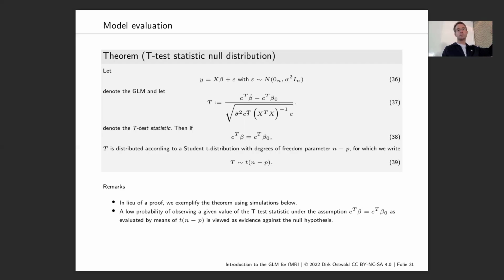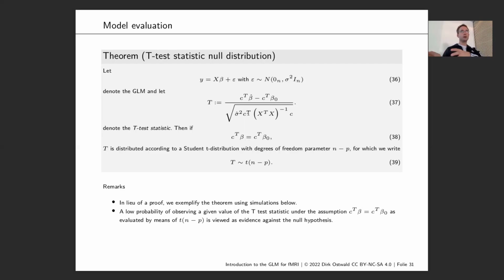Usually one is interested in either getting one of the beta parameters or seeing whether there's evidence in the data to reject the null hypothesis that two beta parameters are the same using a contrast. I will show an example for that.